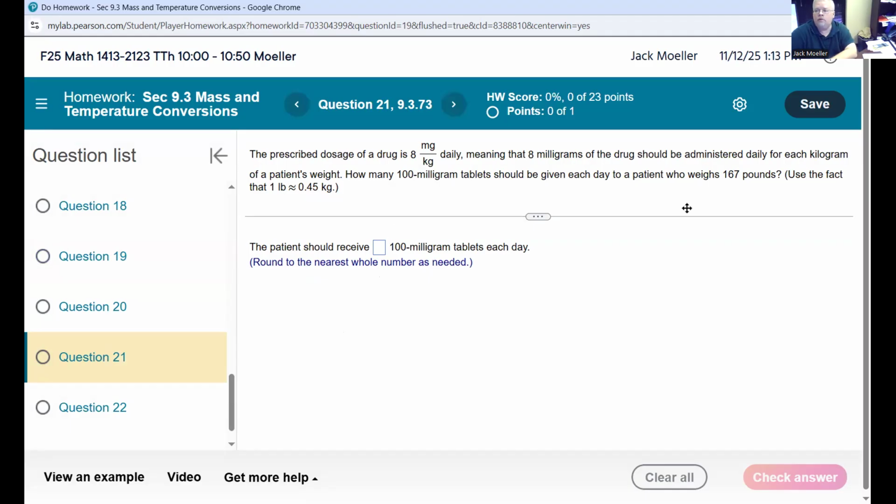Now notice here, they use the fact that 1 pound is 0.45 kilograms. All these other problems, we've been doing 1 kilogram is 2.2 pounds. And whoever coded this problem wants you to use 1 pound as 0.45 kilograms. So again, read the problem. But that's sort of the same basic problem.